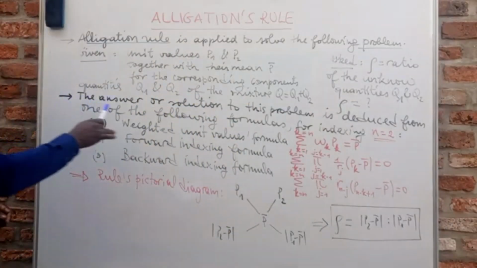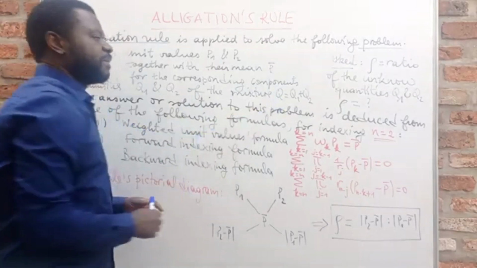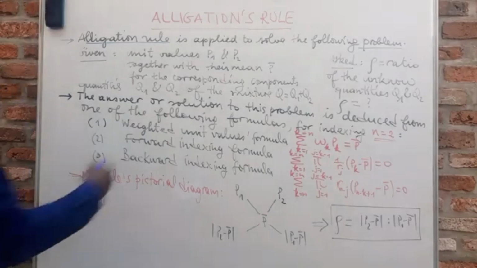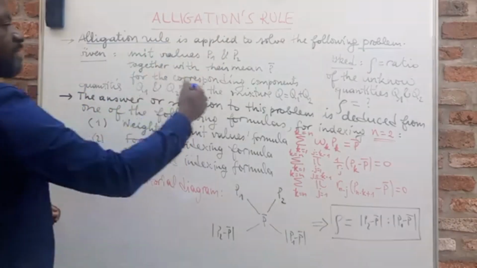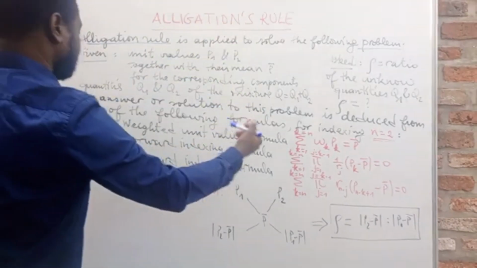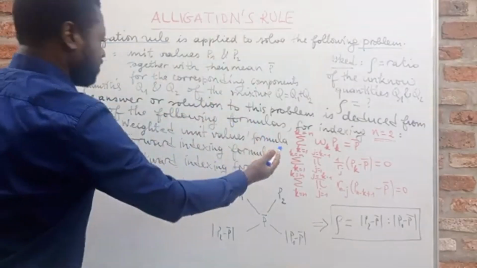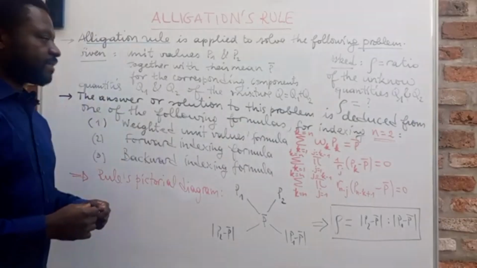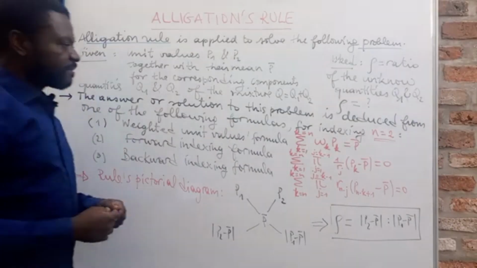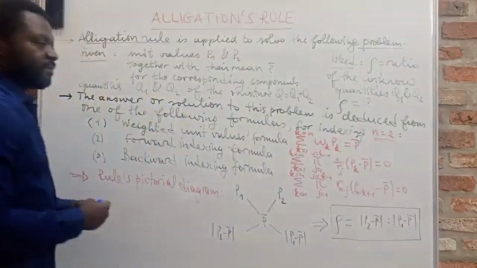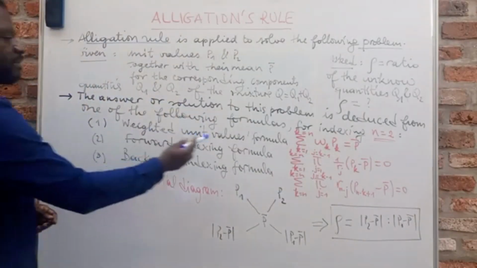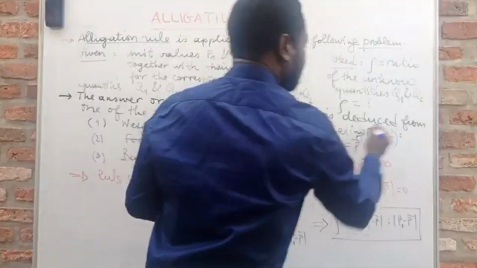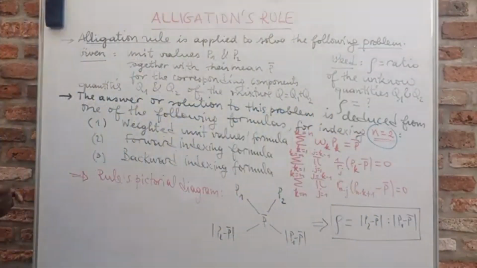Now, the solution to this problem is the rule, which may be used in three methods. The first method, and the very important one, is the weighted unit values formula, as we have seen for indexing with n equal to 2.